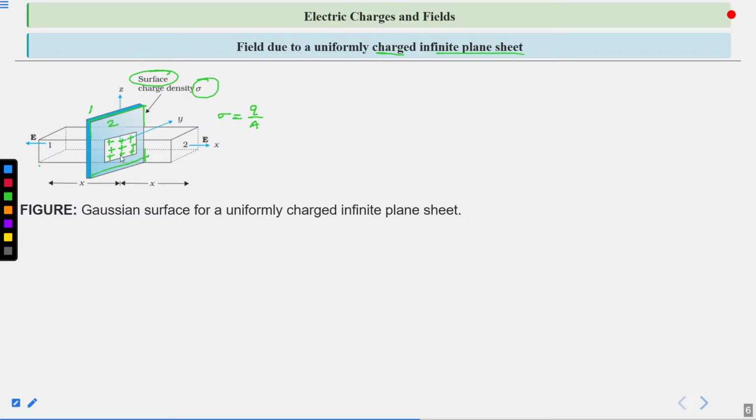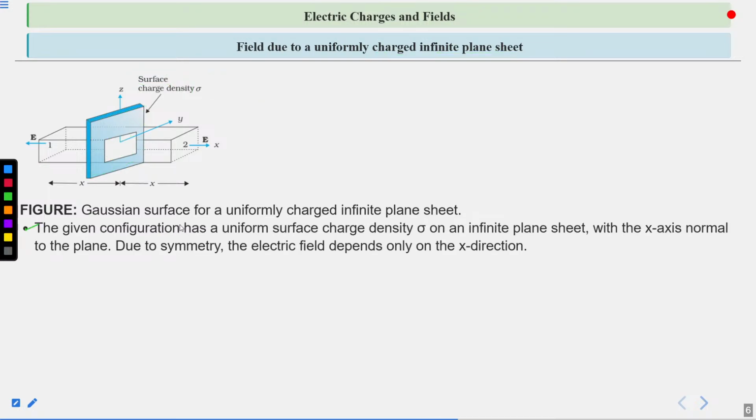Now what will be the electric field? Let's see. The given configuration has a uniform surface charge density sigma on an infinite plane sheet, with the x-axis normal to the plane. For the first phase, the direction of the electric field is perpendicular to the plane. For the second phase, the electric field is also perpendicular to the plane. Yes or no?